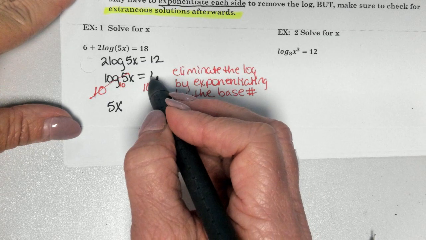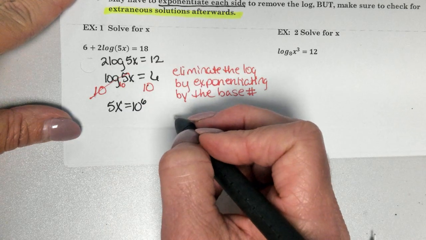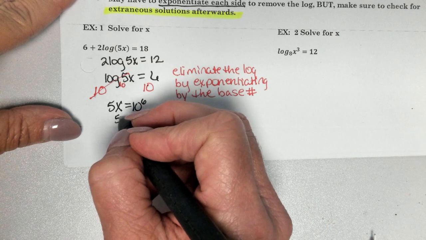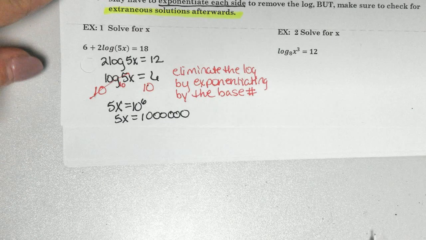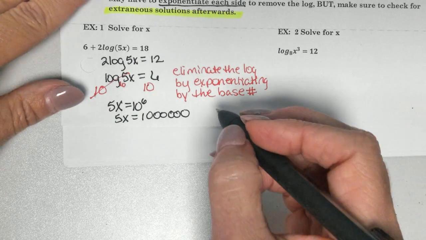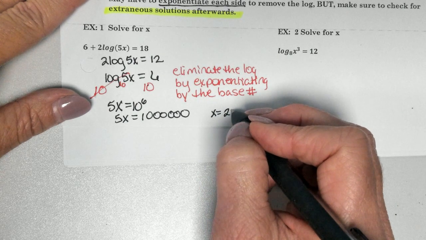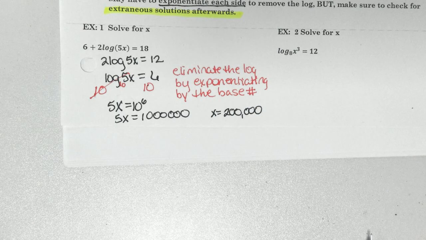And then I've got 10 to the 6th power, which is the same thing as 1 million. And then the last step is just to divide by 5, and so x is equal to 200,000. And that is my solution.